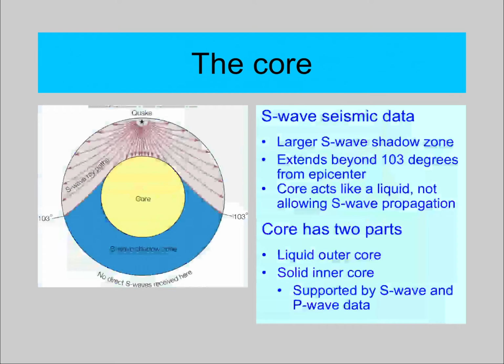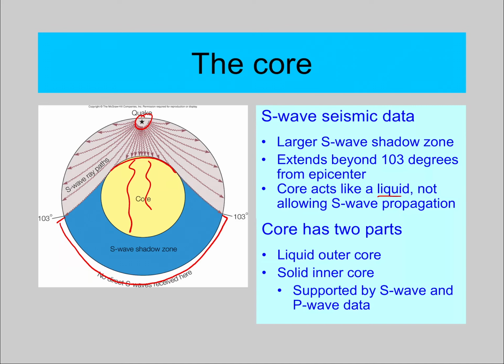So S wave seismic data tells us that if we have the same point of origin, these S waves are going to hit the core and essentially be blocked out, where there's no S wave detected once it travels to the core. So what this tells us is that the core acts like a liquid because it doesn't allow S waves to pass through.